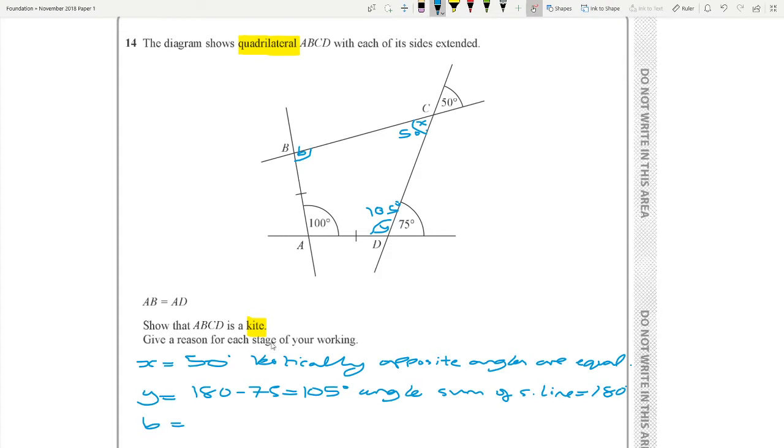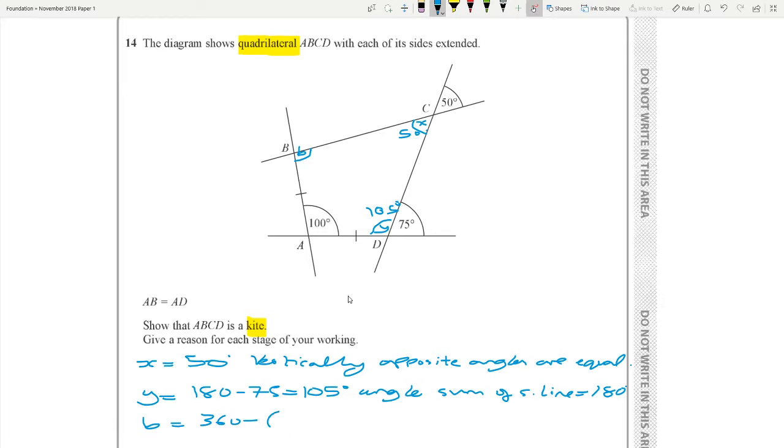The angle sum of a quadrilateral is 360. So all these angles here have to add up to 360. To work it out we need to do 360 take away the sum of all these angles here.